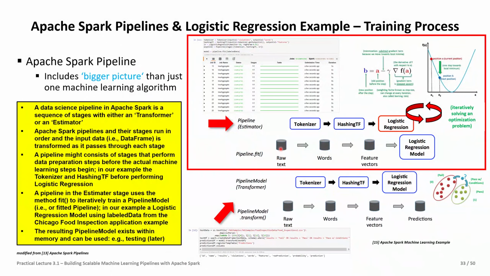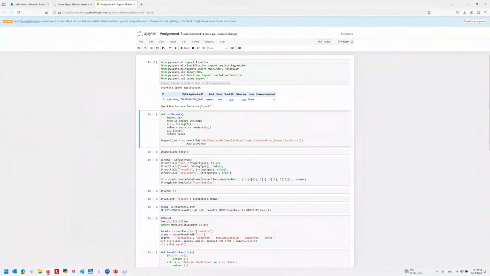In other words, you have the raw text, then you have some words, you hash them, creating a very condensed feature vector with lots of high information value. And by iteratively learning and boiling down the error with all the different updates of the weights, you have a logistic regression model in the pipeline at the end. That's a training process, and that's what we want to do and show you now.